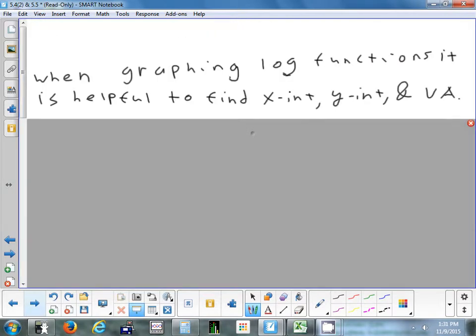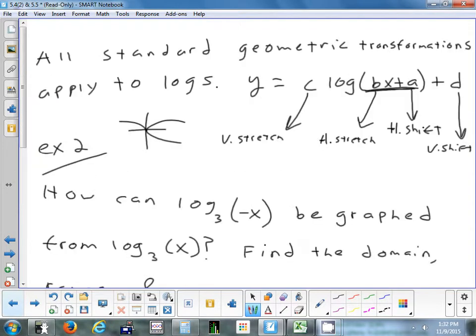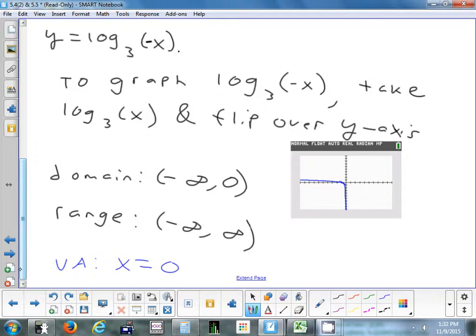All right, so when we have to graph log functions by hand, it's helpful to find the intercepts if they exist. Some of the graphs we've looked at maybe don't have a y-intercept, but you're always guaranteed to have an x-intercept. It'll always cross the x-axis somewhere, but maybe not the y-axis.